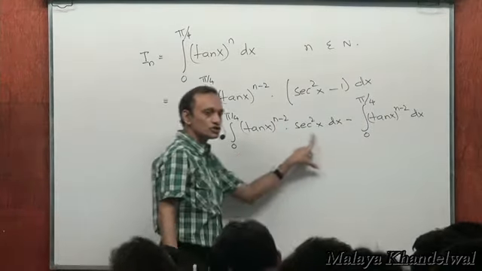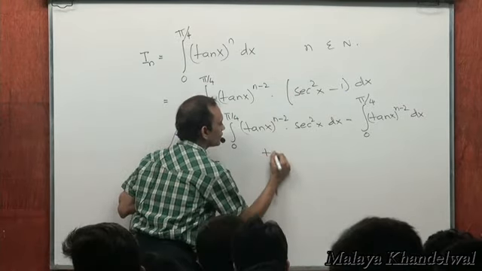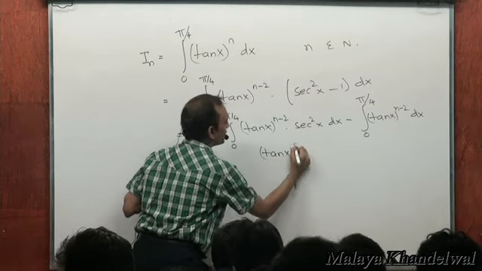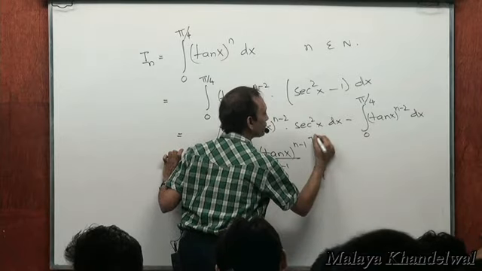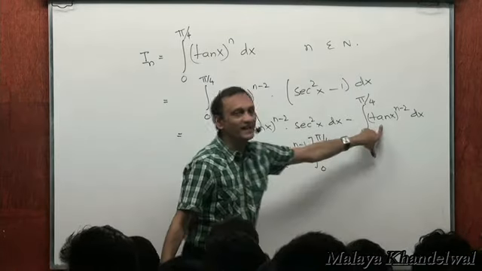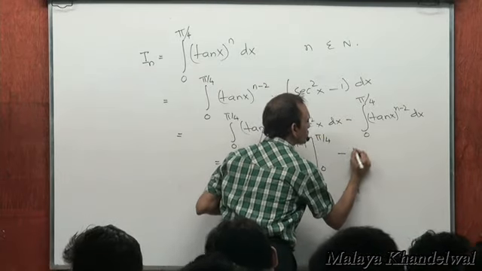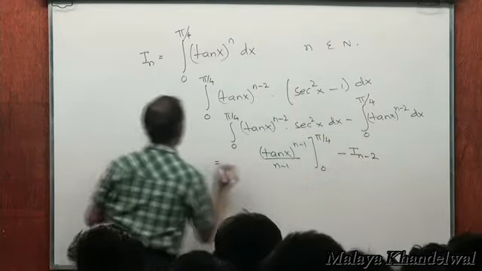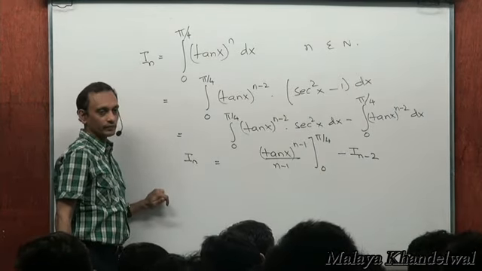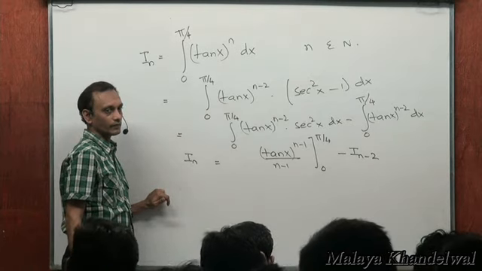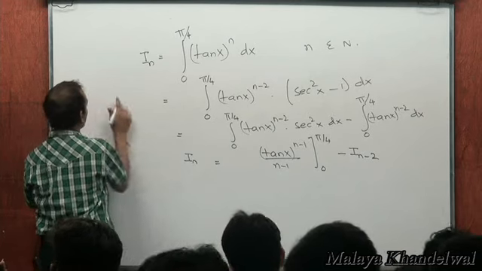This is function raised to a certain power into the derivative of the function. So tan x to power n minus 1 by n minus 1, from 0 to pi by 4. And this is I(n minus 2), giving I(n). I transpose I(n minus 2) to the left hand side.